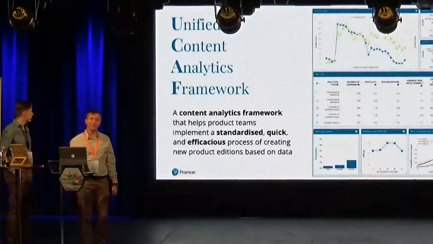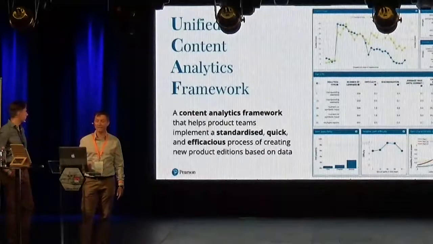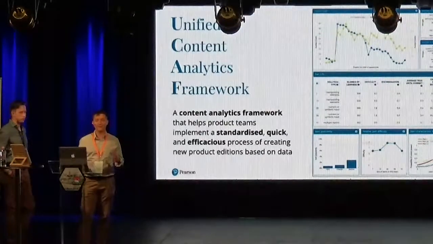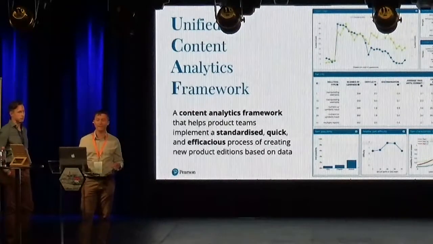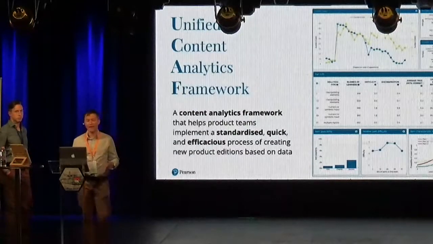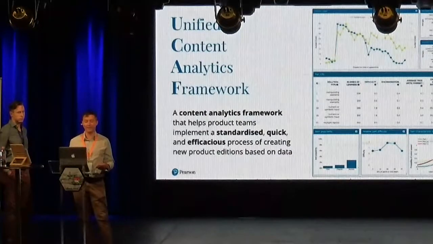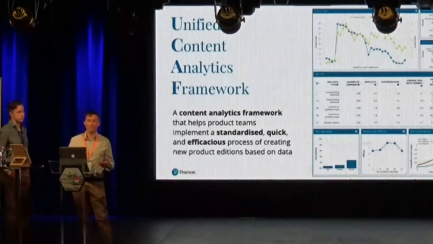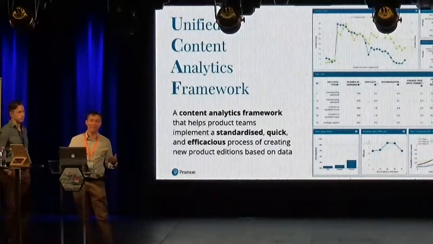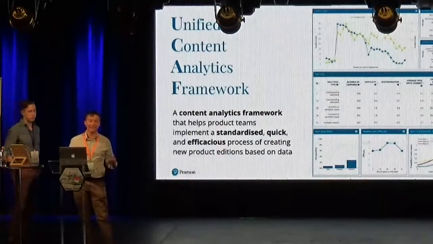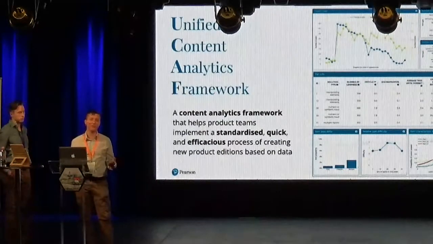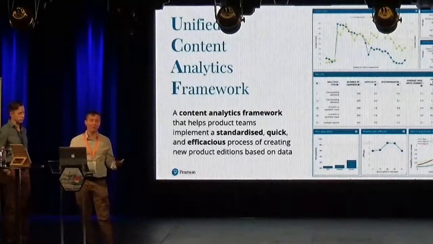And the project is called Unified Content Analytics Framework, and the aim of the entire project is to enable product teams to implement, run and make a new product edition in a standardized, quick, and efficacious way. So what do we mean by product editions?